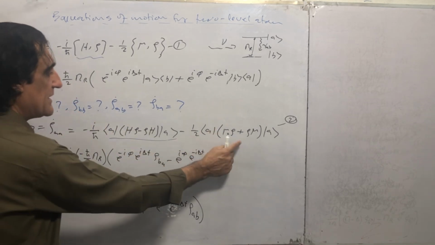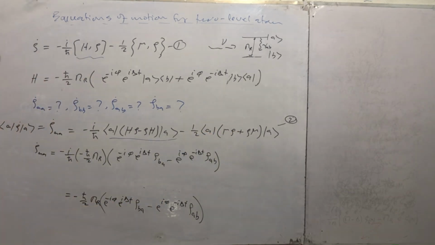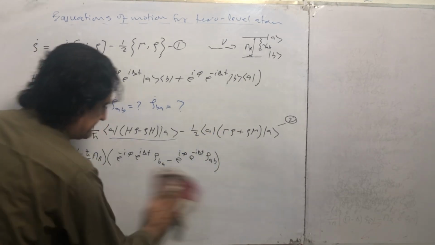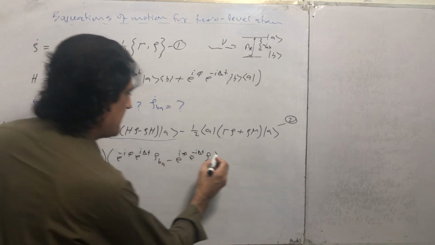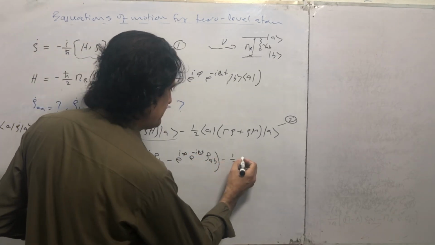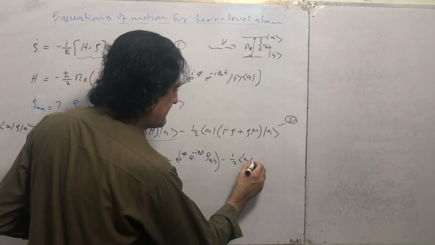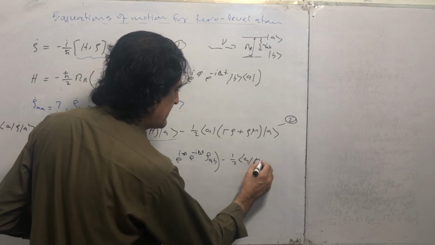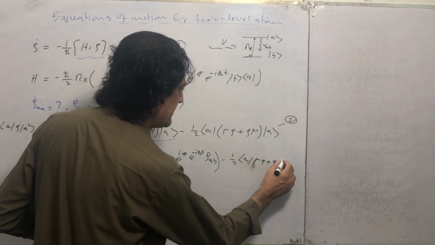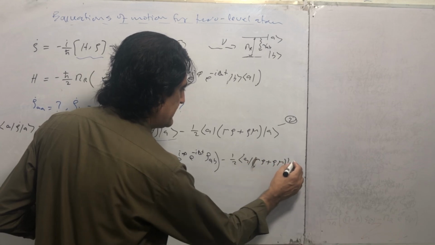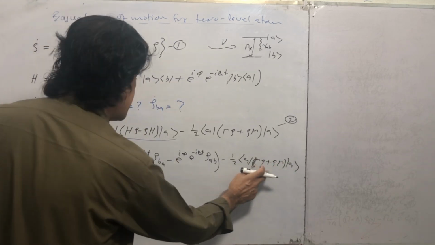And further this decay, minus 1/2, <A|Γρ plus ρΓ|A>.